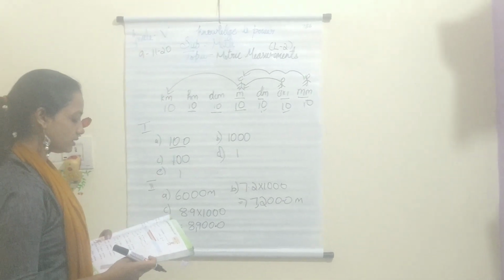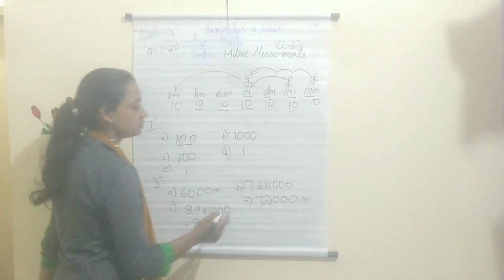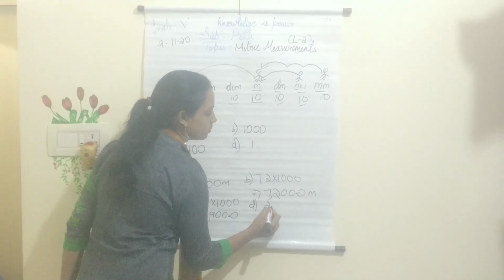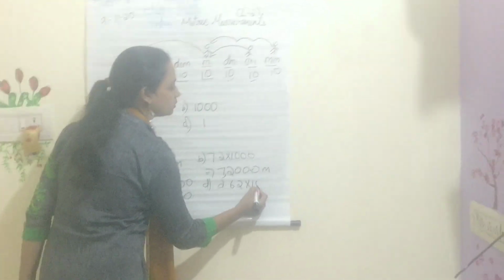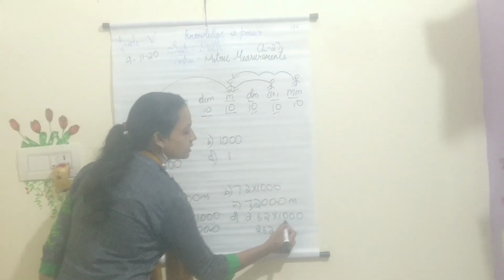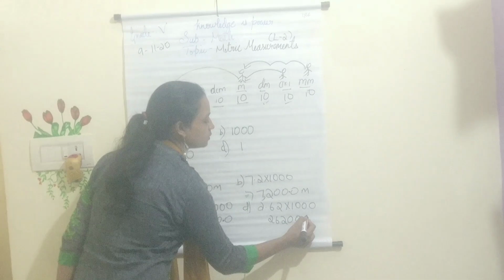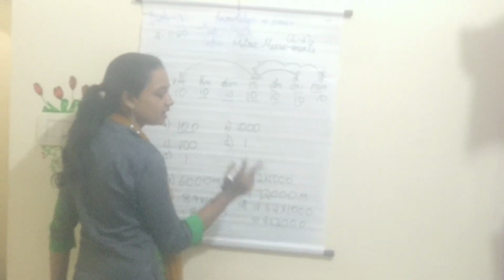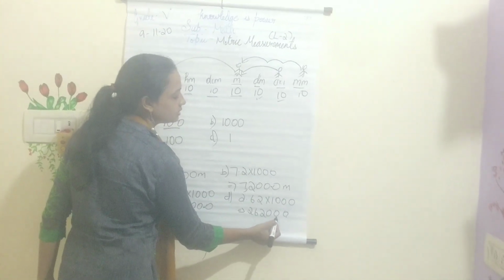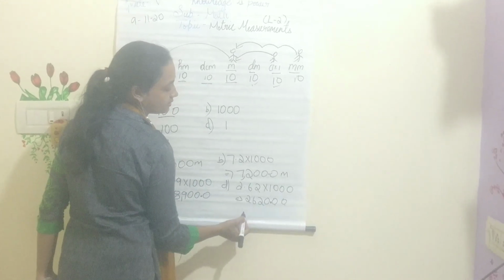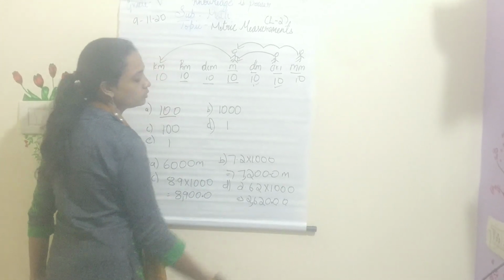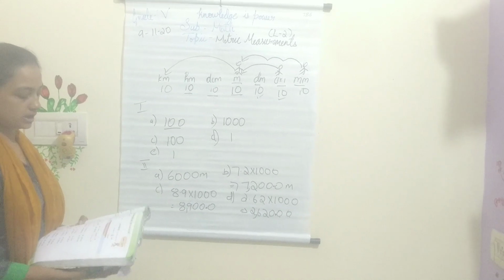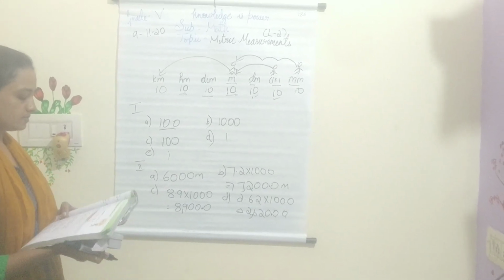Now go for D, 2.62. 2.62 into 1000, you get 262 and the 3 zeros. 1, 2, 3. So after how many numbers should I keep a decimal point? After 2 numbers. 1, 2. So count from here. I should keep a decimal point here. So the answer is 2620.